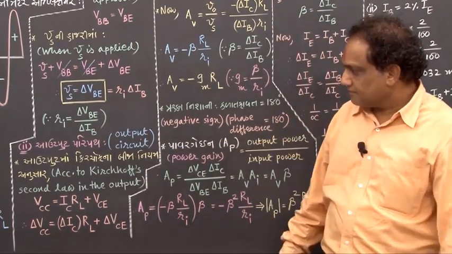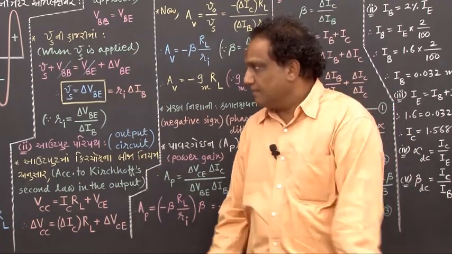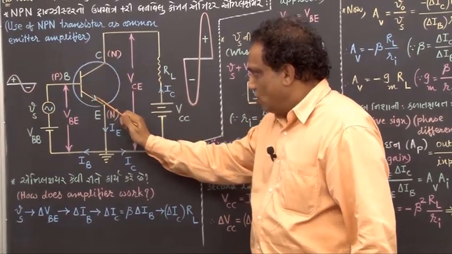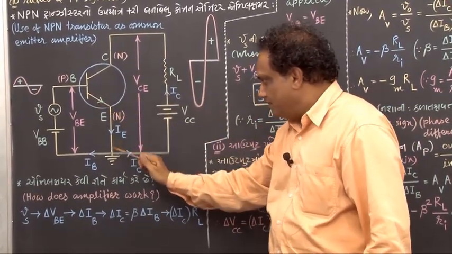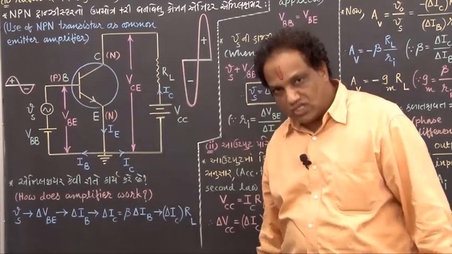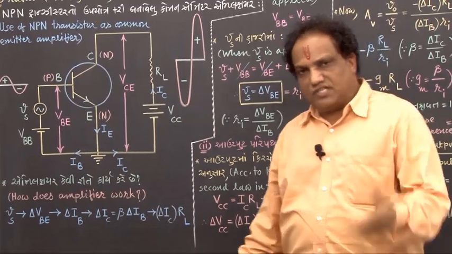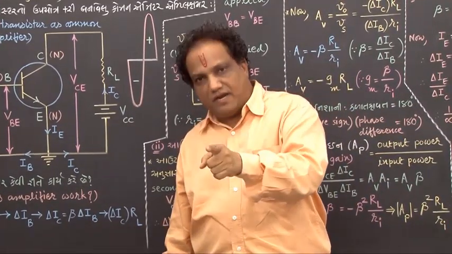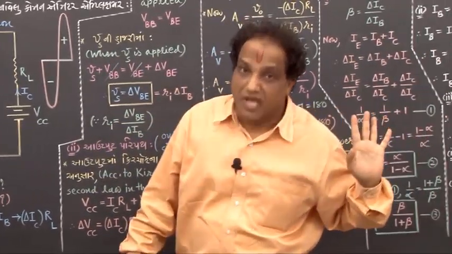Fine. Now we go for analyzing the output part of the circuit. Now take this output part and consider this loop. In this loop we apply Kirchhoff's second law. What does it state? Very simply speaking, total voltage applied should be equal to the summation of voltages obtained.